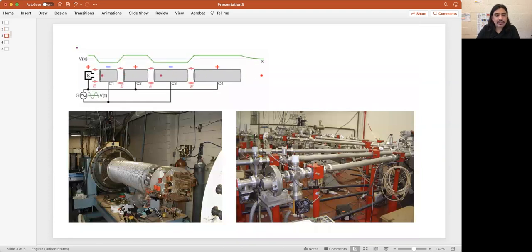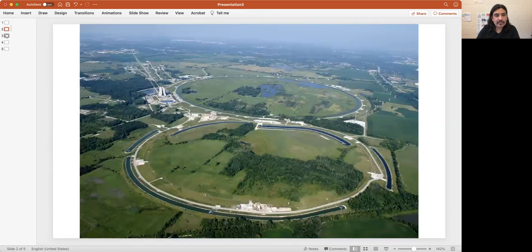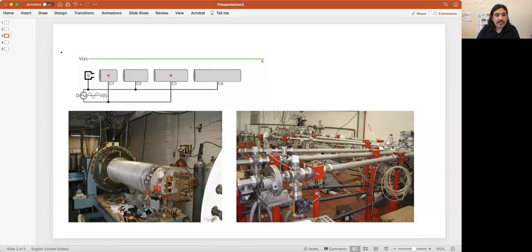So this right here is not exactly the same thing. This is a round accelerator that moves the protons in a circle. But this one right here is actually how you would accelerate the electrons in this system.